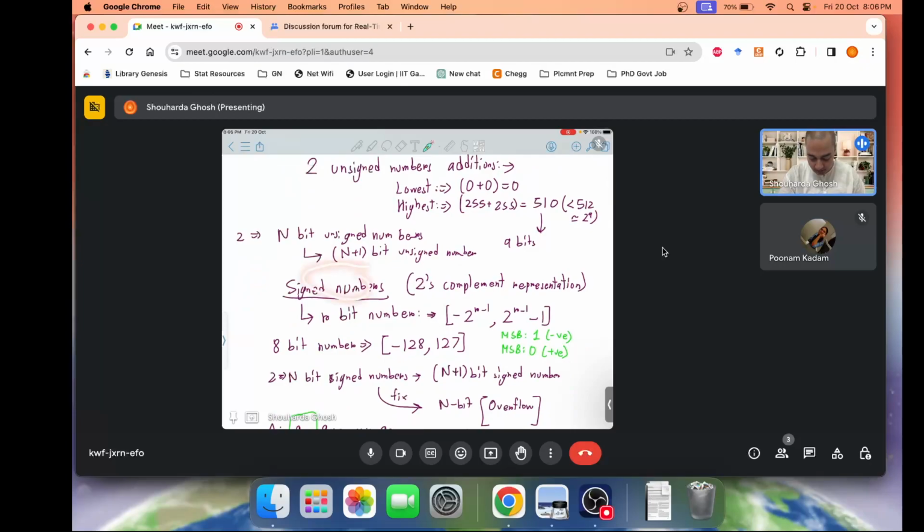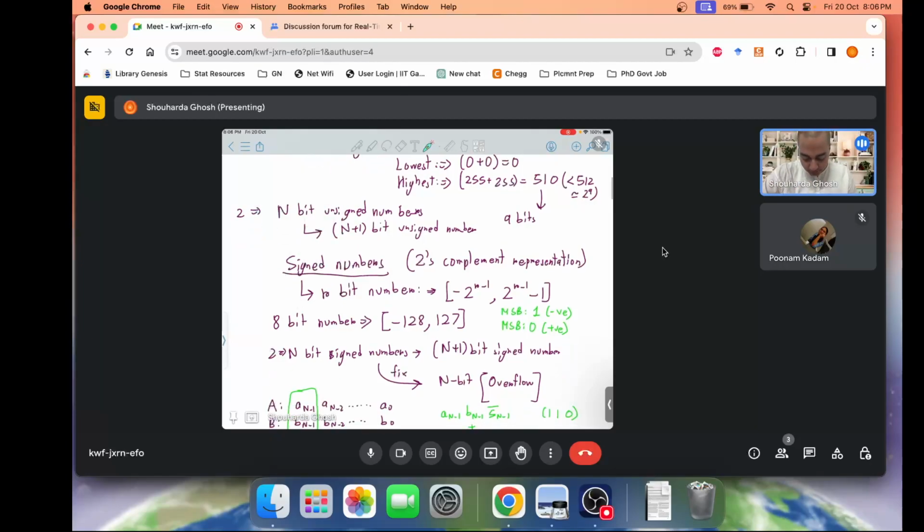Similarly for signed numbers, we especially use the 2's complement representation, because you don't need any extra logic for determining whether the number is positive, negative, greater than, or lesser than, which would have to be done if you used the sign bit representation or the 1's complement representation.